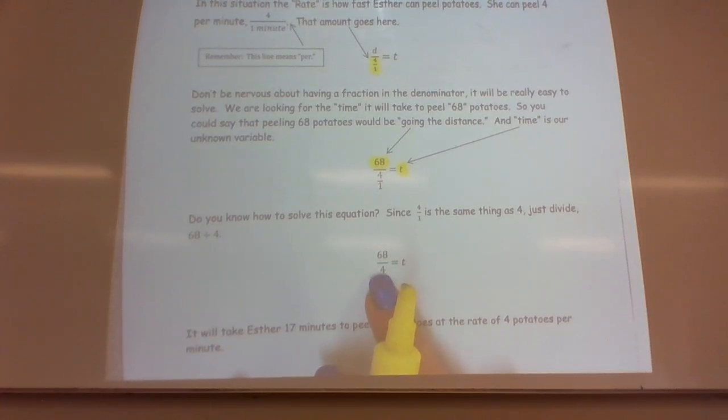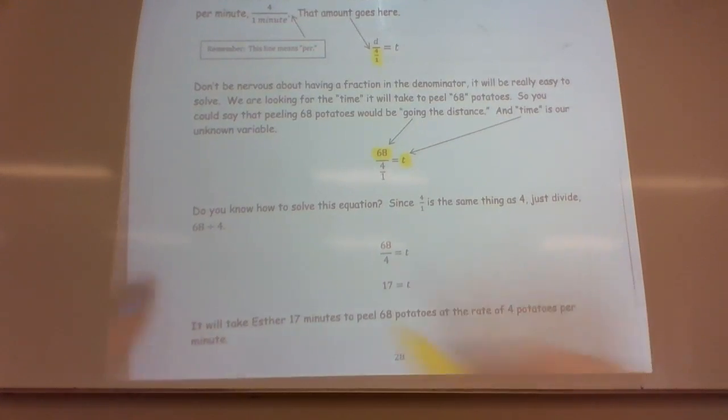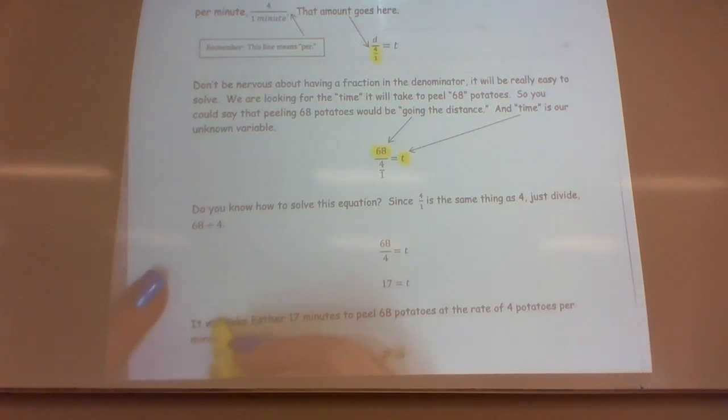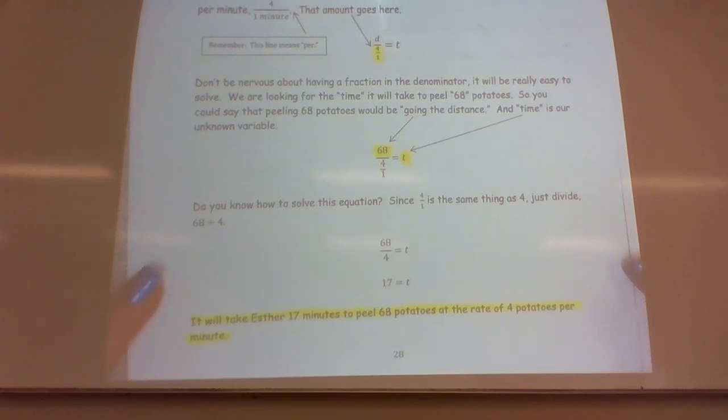So this new equation is 68 over 4, or 68 divided by 4, and 68 divided by 4 is 17. So it's going to take Esther 17 minutes to peel 68 potatoes at the rate of 4 potatoes per minute.